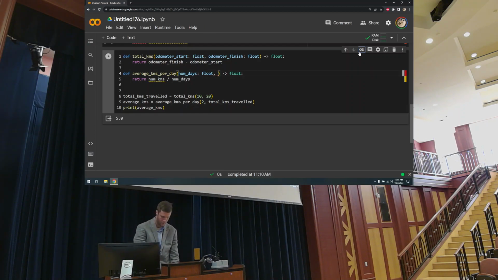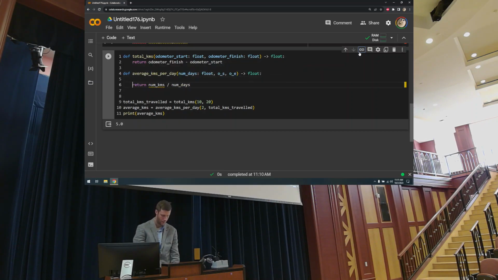Odometer start, odometer end, traveled. And then here, I could just take total k divided by number of days. And then I don't even need this other function call, right? I could just go like this.